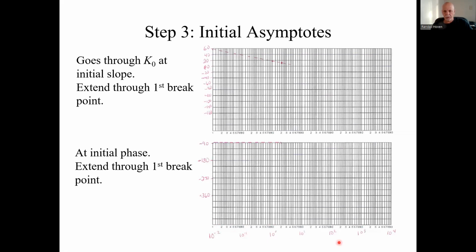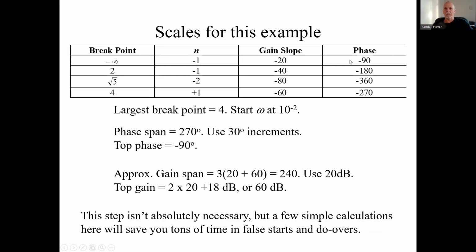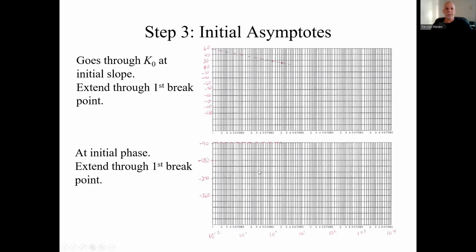So anyway, here's the frequency scale, and here's the gain scale. And as you can see, the phase scale is kind of easy. The most it is is -90, and it has to go down to -360. So you just need a scale that will contain that. So here's how I did that one.